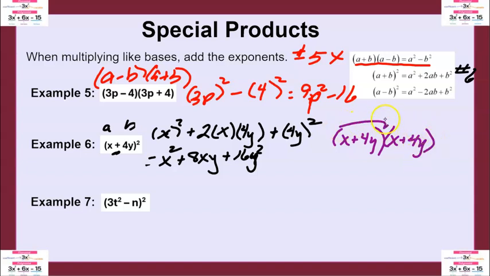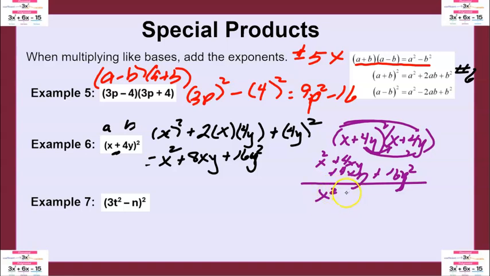And then you distribute, so that'd be your x squared plus your 4xy. Distribute the 4y, and that gives you your plus 4xy. And then here's your plus 16y squared. Combine it, you get x squared plus 8xy plus 16y squared. See the same answer, it's just one you do a little bit less work for.